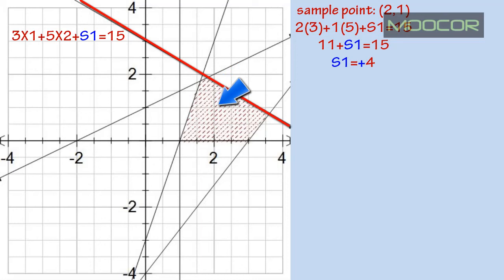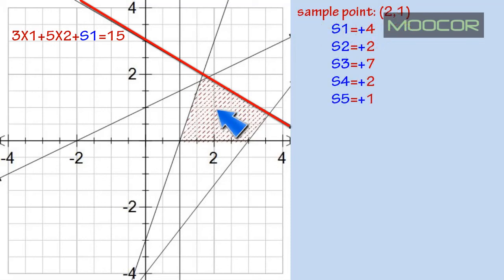As I'm moving towards the feasible region, slack becomes positive. So for any point to be feasible, it means that the slack variables for all constraints have to be greater than or equal to 0. So if I pick, for example, that point inside the feasible region, you will notice that all calculations show that the solution is feasible, with all slack and surplus variables greater than or equal to 0.